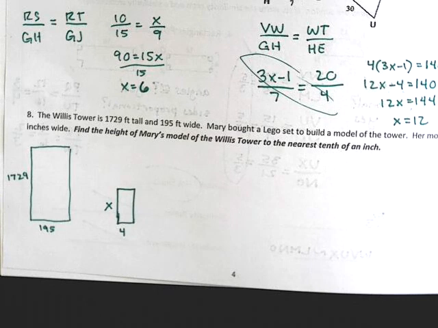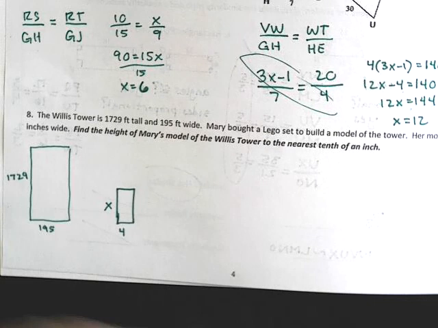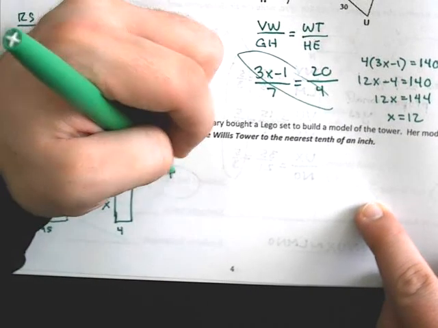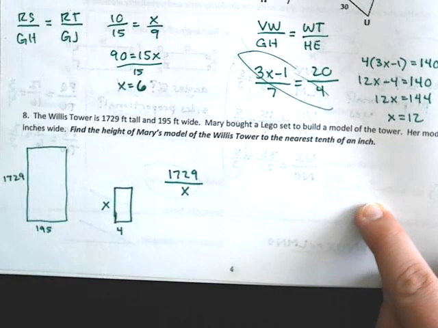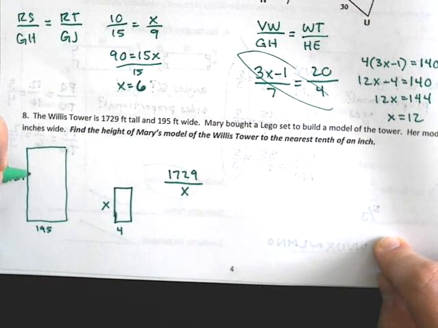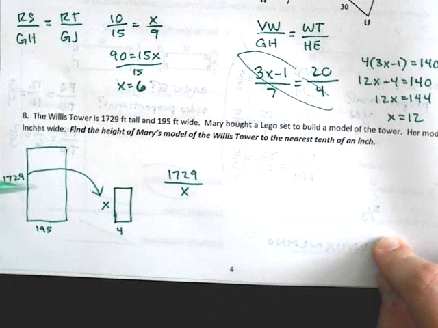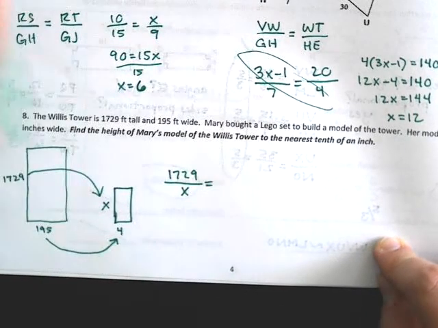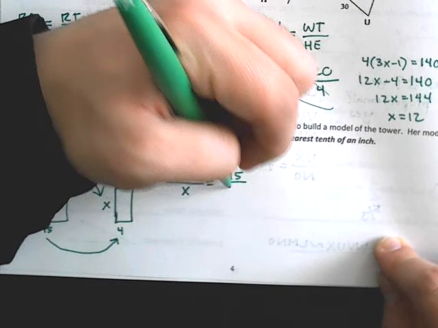Now, we already know that the angles are good. We just need to set up the proportion that will help us solve this, because we know that the sides have to be proportional to one another. So if I go 1729 to x, that's from here to there, I have to do the same order in my other ratio, 195 to 4.